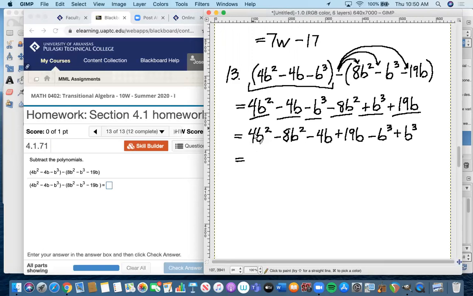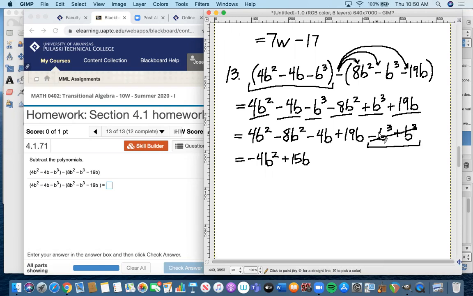So 4b squared minus 8b squared: 4 minus 8 is negative 4, so that's negative 4b squared. Minus 4b plus 19b: minus 4 plus 19 is positive 15, so positive 15b. These last two, minus b to the third plus b to the third, cancel out.